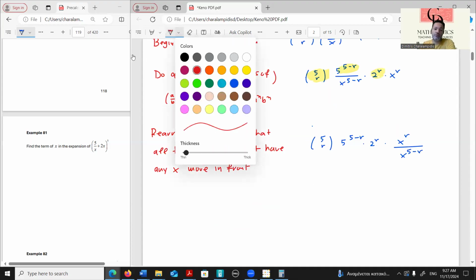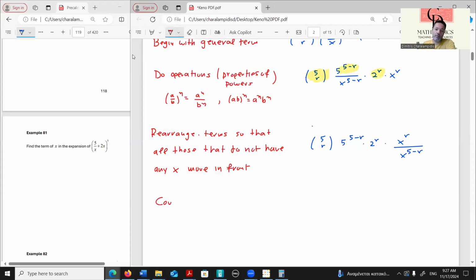Then we should combine the x's again by certain properties of powers. This time we will use the property that states that a to the power of n over a to the power of m is a to the power of n minus m.